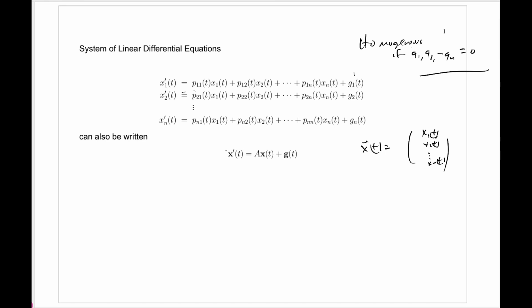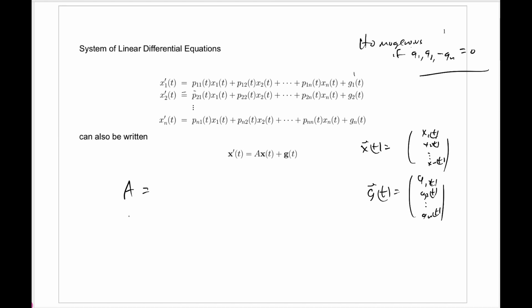That vector x prime of t is just the matrix A times x of t plus the vector function g of t. So let's put this all together. G of t is the vector function that has these constant terms, g1 of t, g2 of t, through gn of t. And what is A? A is the coefficient matrix.